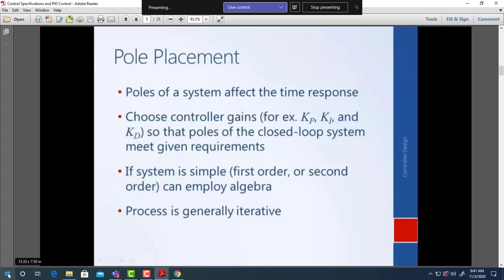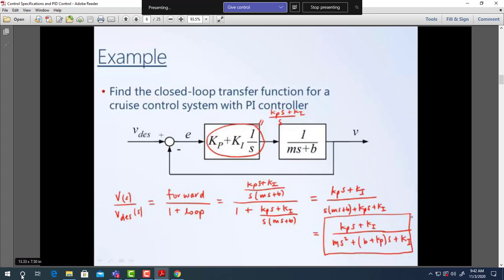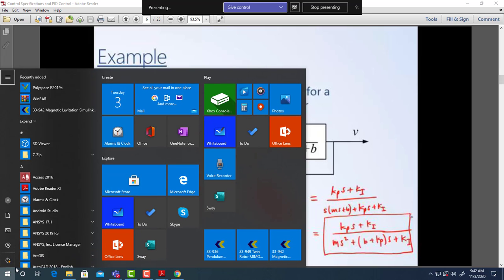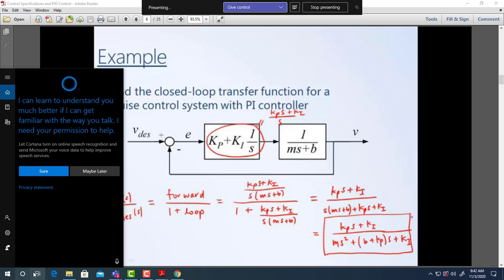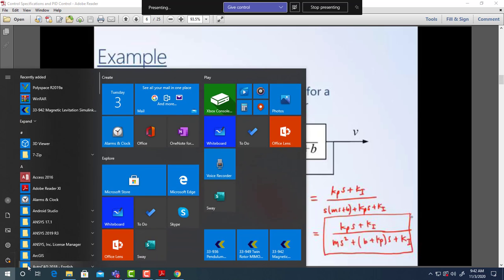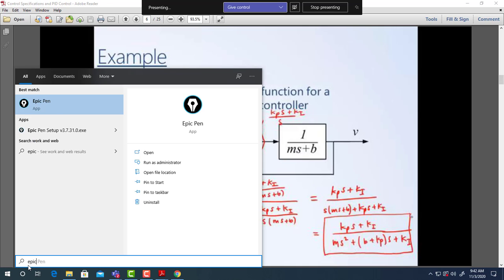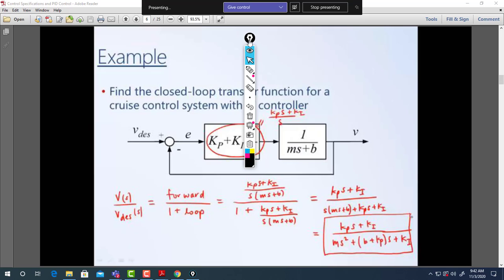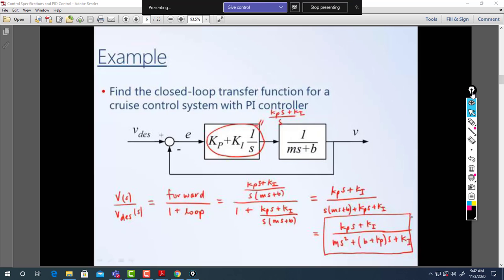So here they go over an example: find the closed loop transfer function for the cruise control system with PI controller.